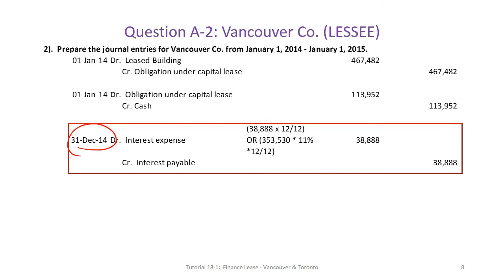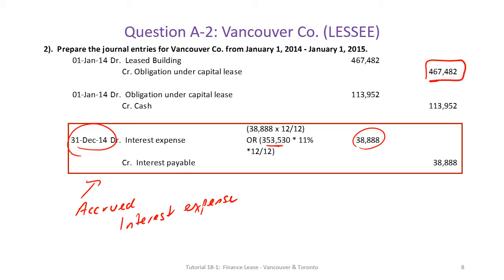Then at the year end, here's where we have our interest accrual, right? So our accrued interest expense, where we have our $38,888, and that was based on the balance of the lease, which was $467,482 minus $113,952, which gives us $353,530.